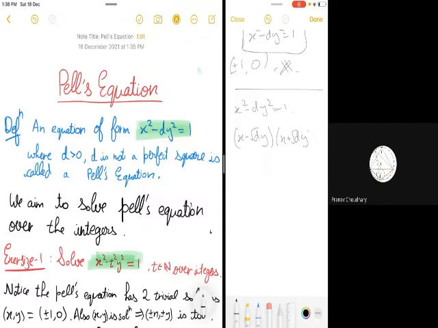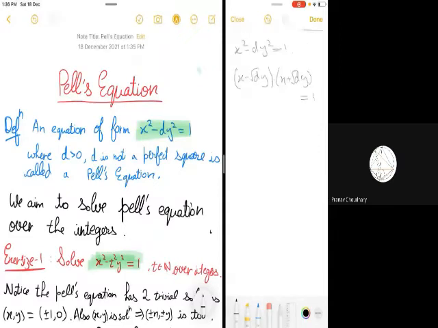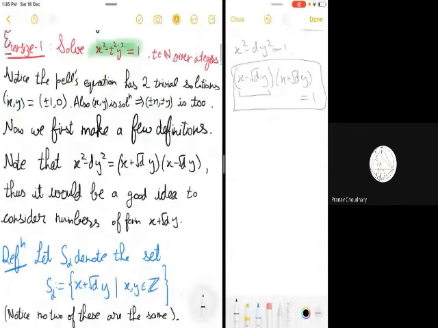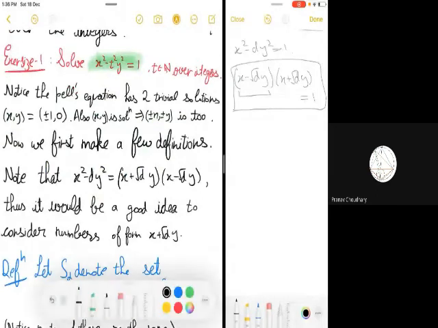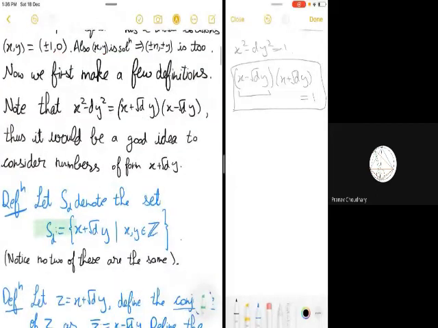And then we will look at numbers of this form. So let's just make this definition, it will be useful. Here by S_d, we denote the set of numbers of the form x plus root d y, where x and y are integers.